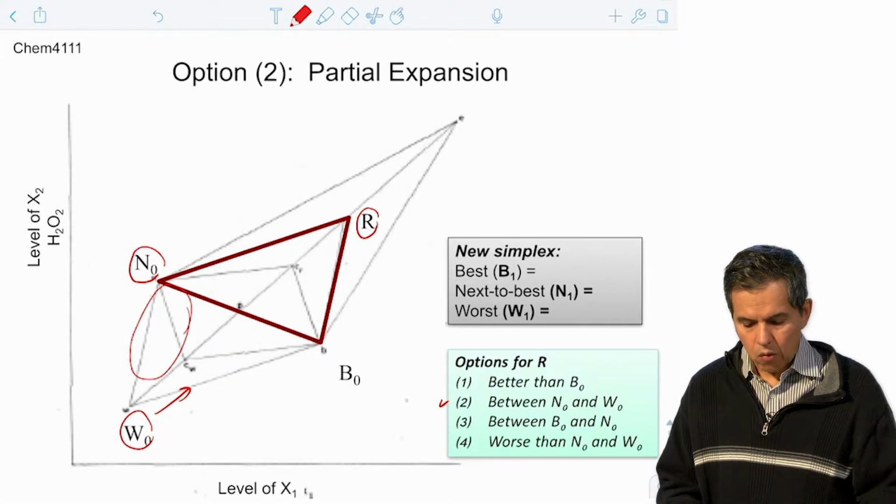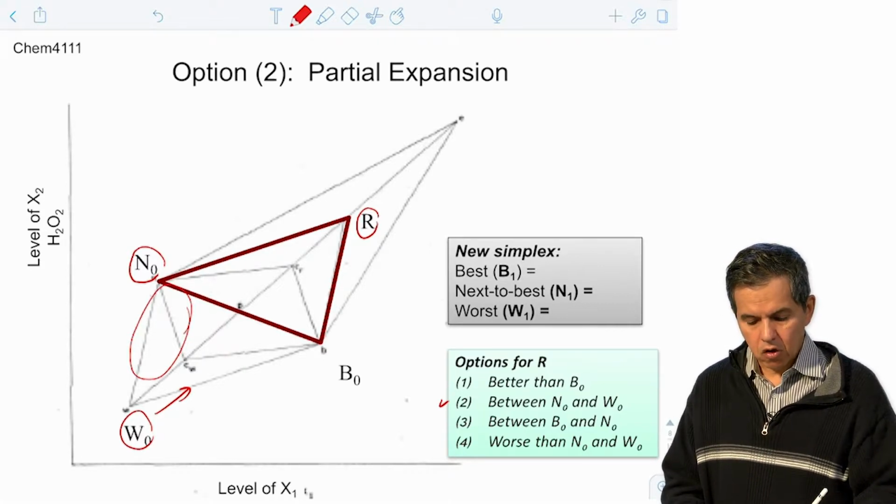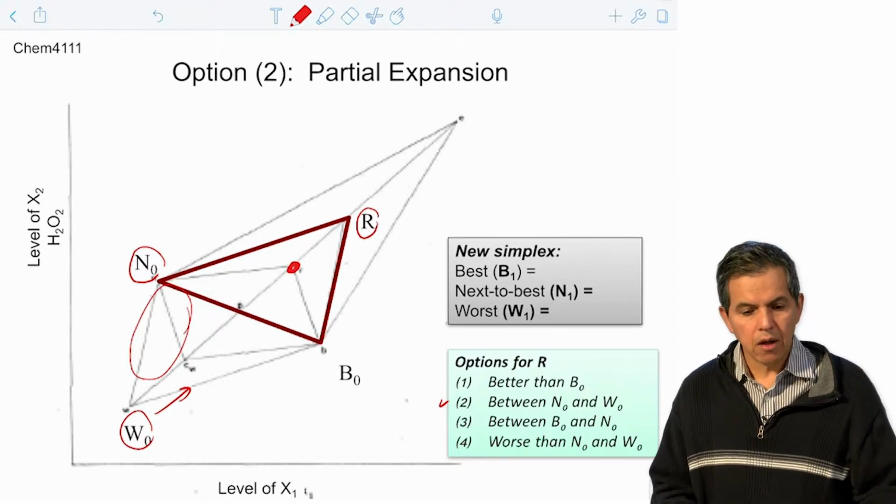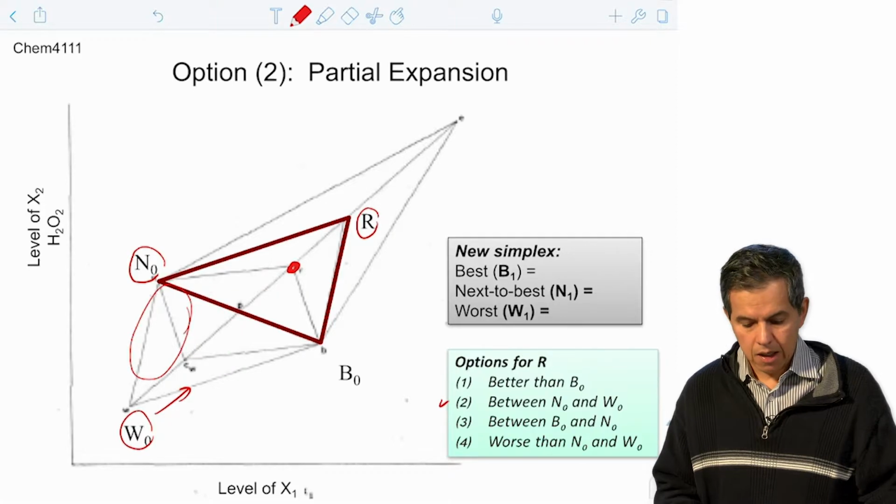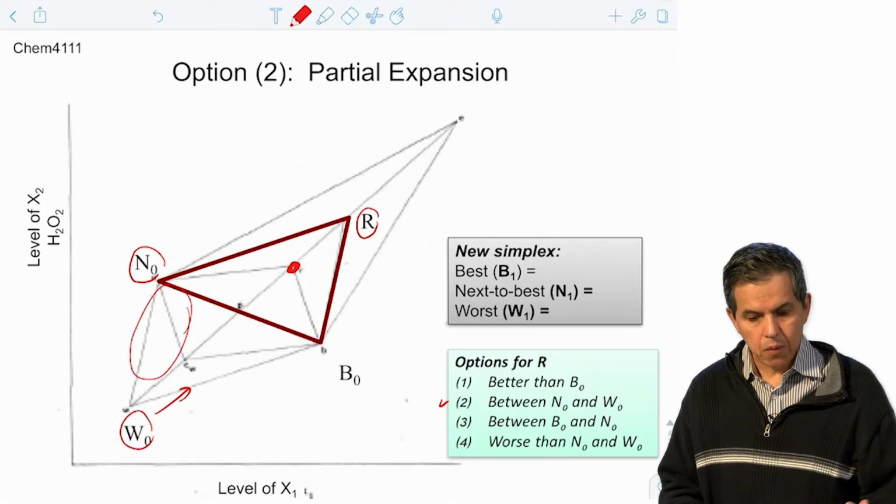So what we could potentially do is an expansion towards R, but not as far. So we are going to select this new point here, and it's going to be the next measurement that we are going to be doing.